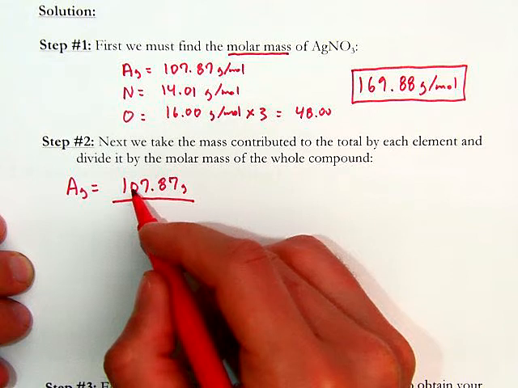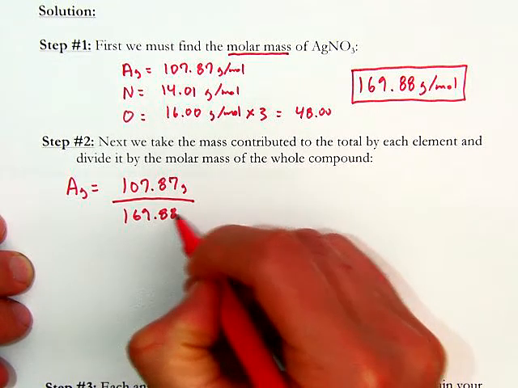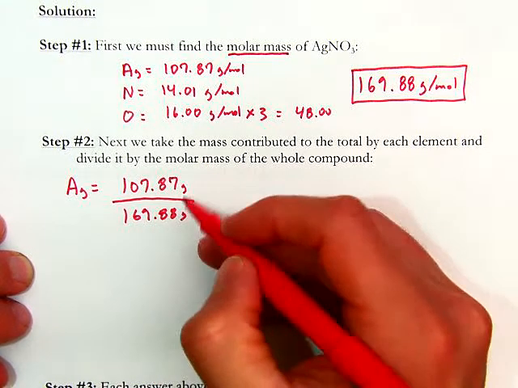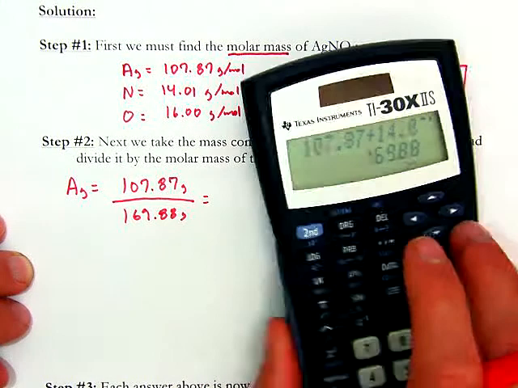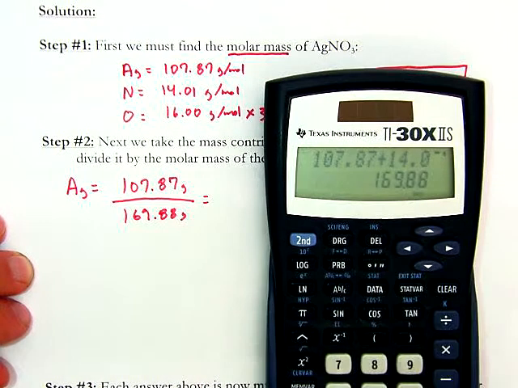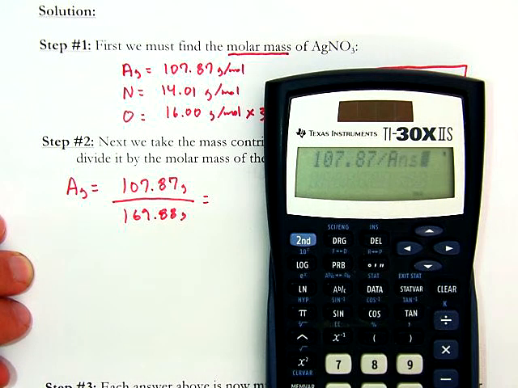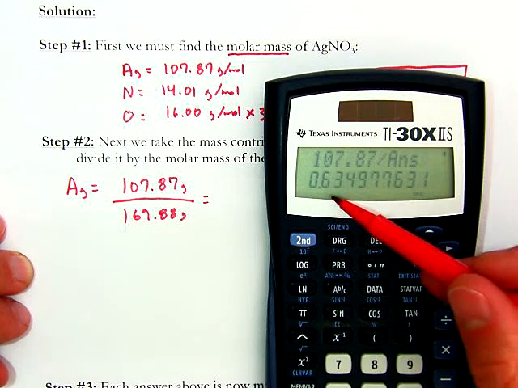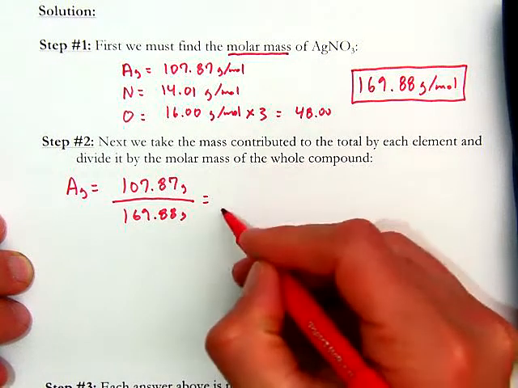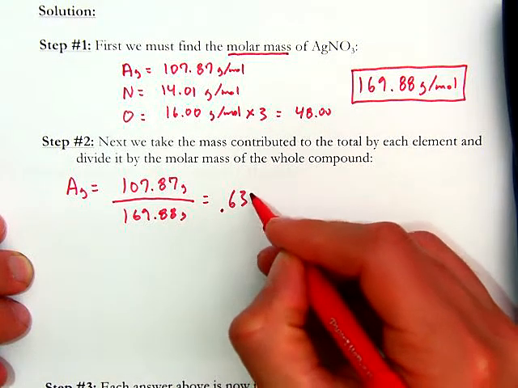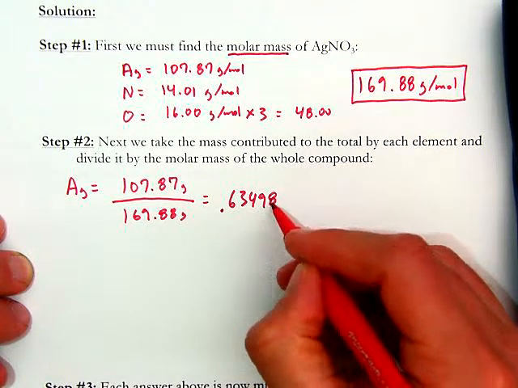If we take the mass contributed by the silver, divided by the mass of the whole thing, we get a number which is going to be less than 1. 107.87 divided by 169.88 gives 0.63498.